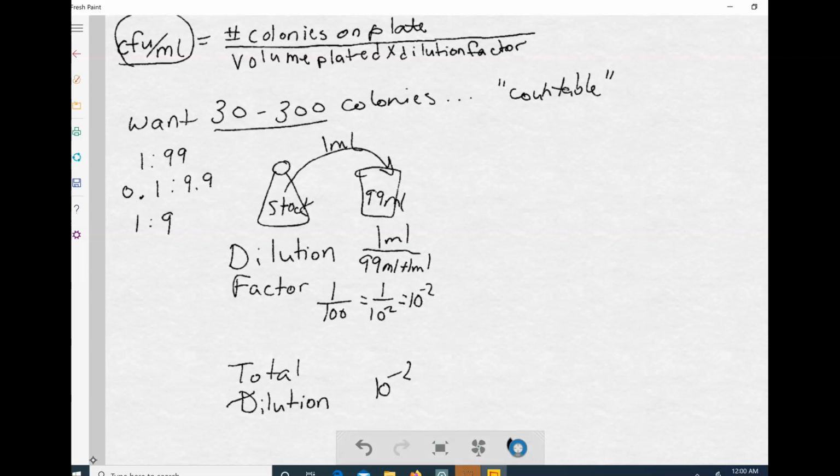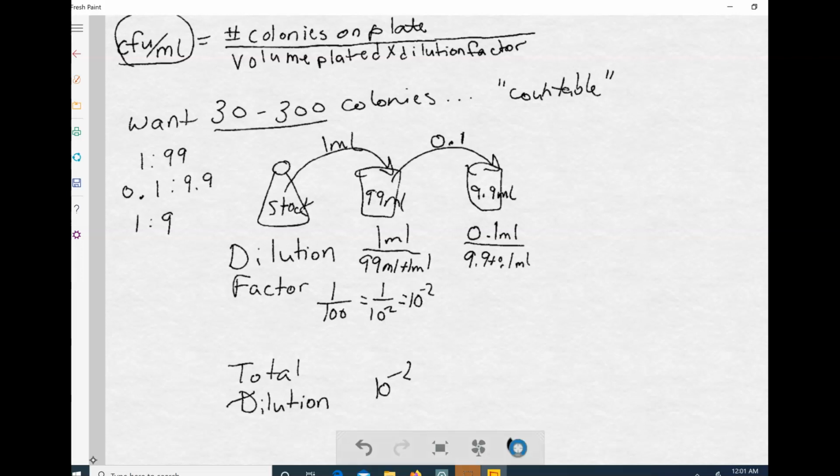In this case, I'm going to imagine that I have a container with 9.9 milliliters. And I'm going to imagine that instead of taking 1 milliliter, I take 1/10 of a milliliter, 0.1. Now I have a dilution where I moved 0.1 milliliters into 9.9 plus 0.1 milliliters.